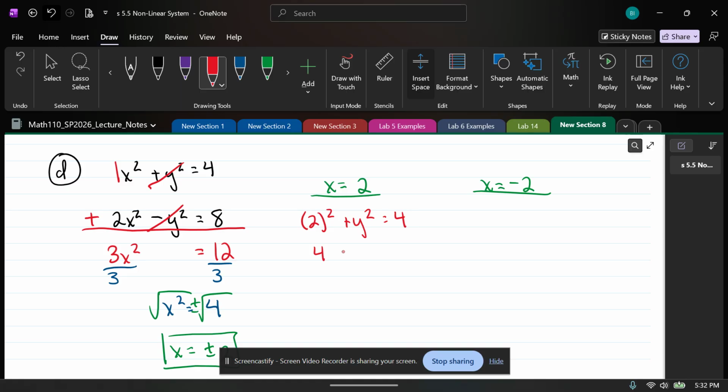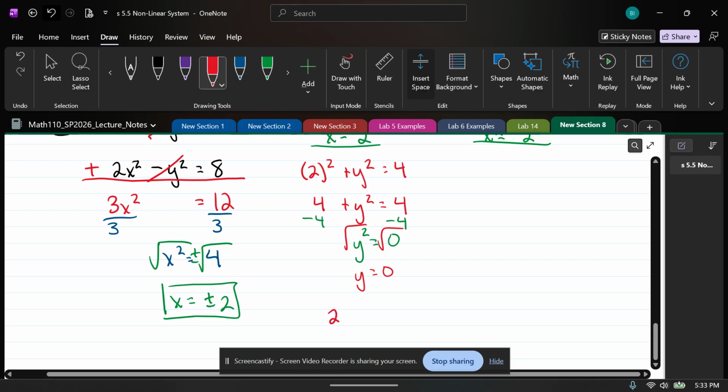So that's going to be 4 plus y squared is equal to 4. Then I'm going to subtract 4. Ooh, this is going to work out beautifully. Y squared is equal to 0, and then I take the square root, and y is equal to 0. Because 0 doesn't have plus or minus, right? It's just 0. So I have an ordered pair there. I have the ordered pair 2, 0.